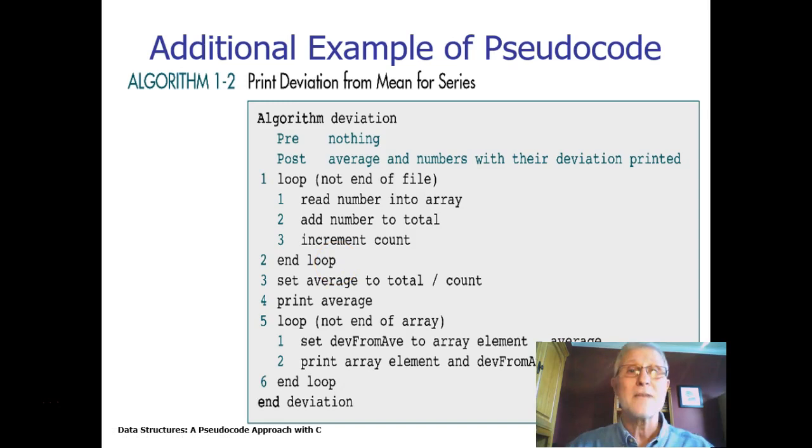Just another example. Again, preconditions, postconditions. Now this description I would say is kind of invalid because it doesn't give me a brief description of what it does. It should have said print deviation from the mean of series, but it didn't. It gave me a precondition and a postcondition, but it didn't give me a return.